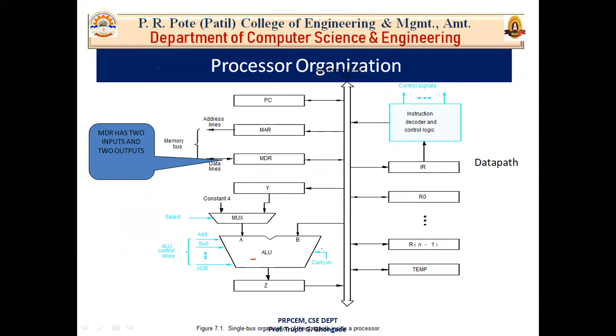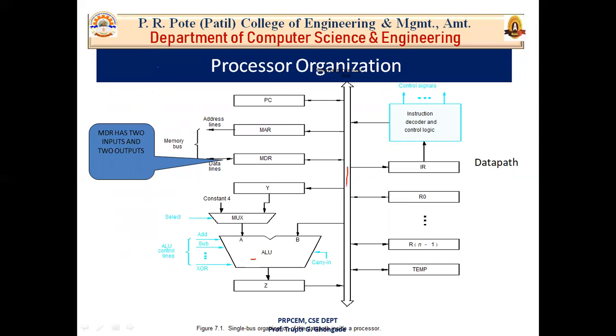In this processor internal organization, the arithmetic and logic unit and all the registers are interconnected via a single common bus. You can see that all these registers and the arithmetic and logic unit are interconnected by the single processor bus. This bus is internal to the processor.